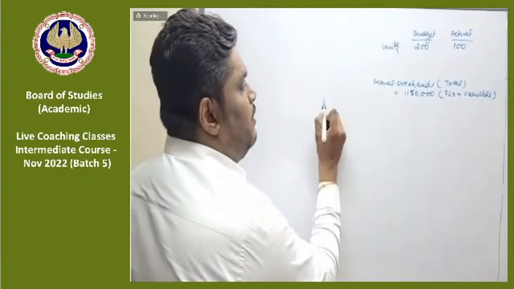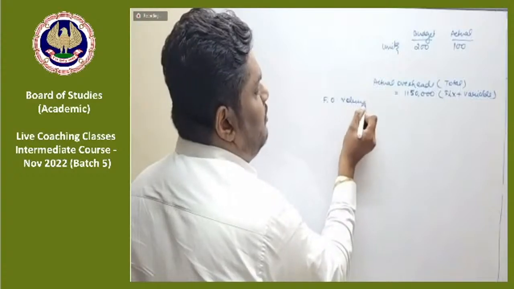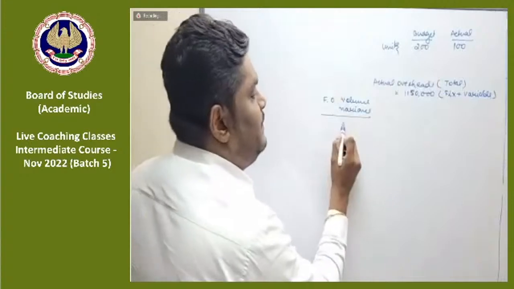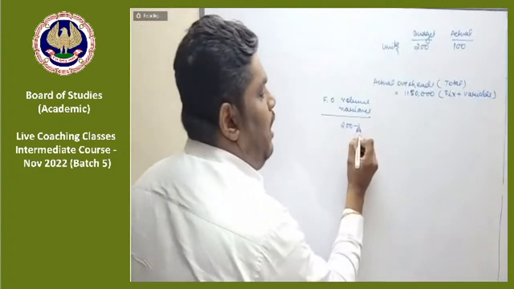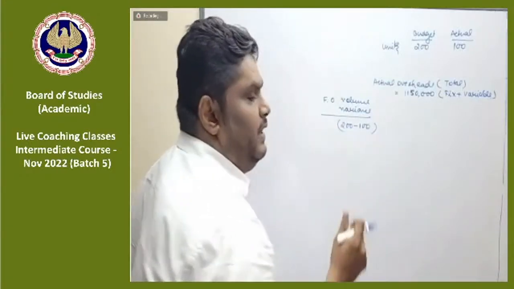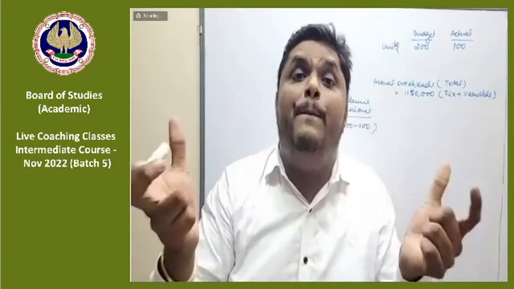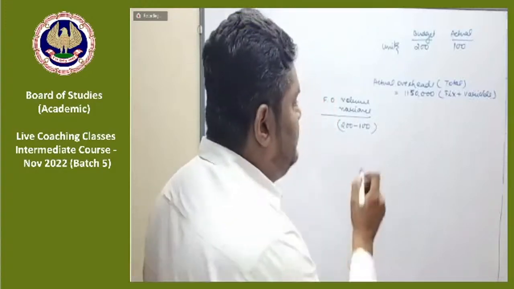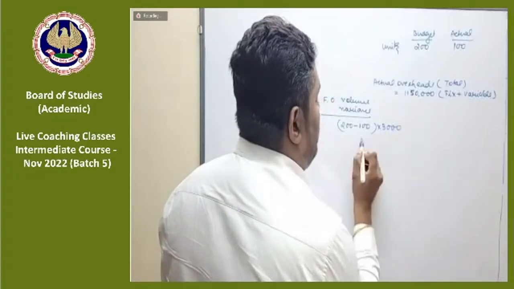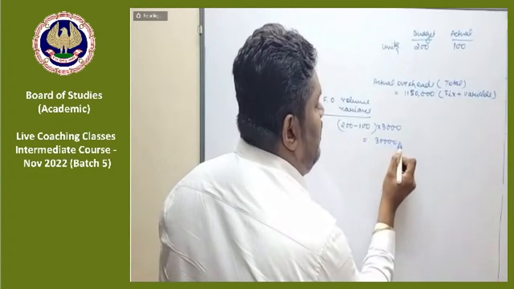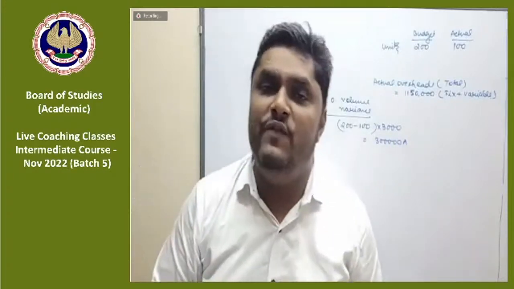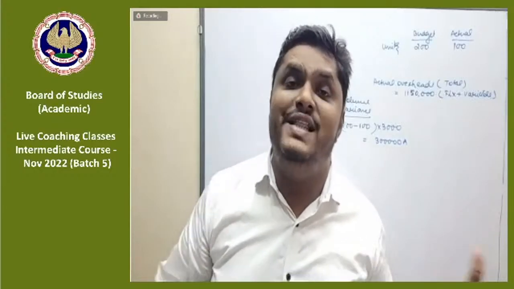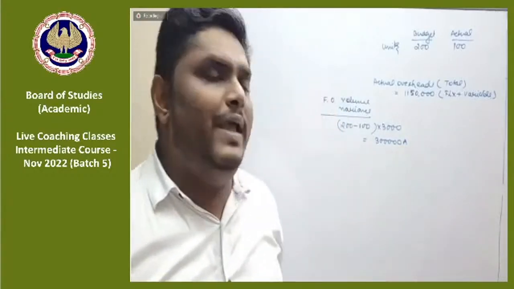Very simple. So, fixed overhead volume variance. How much units we were supposed to manufacture? 200. How much units we actually manufactured? 100. Into fixed overhead per unit, budgeted fixed overhead per unit, and that is given in the question, that is 3,000 rupees. So it means this will be 3 lakh adverse. Because we were supposed to manufacture 200 units, but we manufactured only 100 units. It means 100 units less than what we expected. So this is how I got 3 lakh adverse.